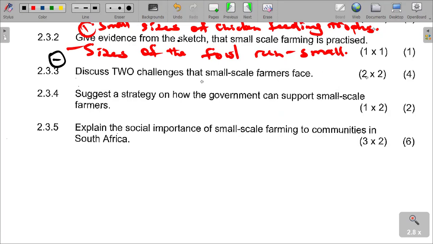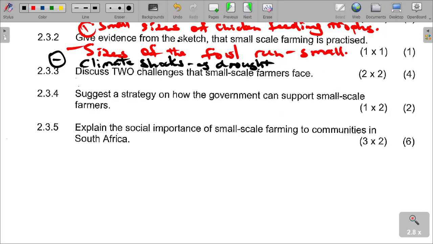We can talk about climate shocks, for example drought, which causes problems like no rain, no feed, and no crops can grow.